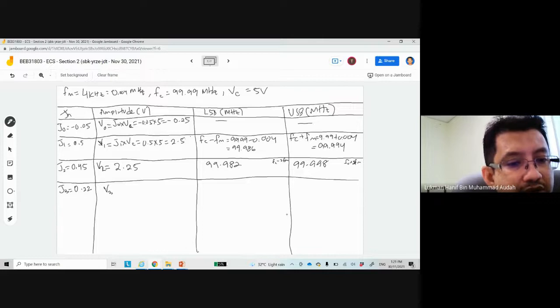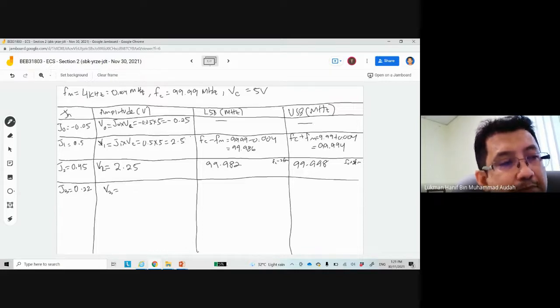V3 is equal to J3 multiplied with VC, so 0.22 times 5, you will get 1.1 volt.